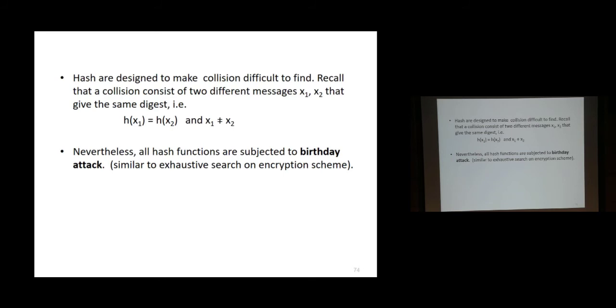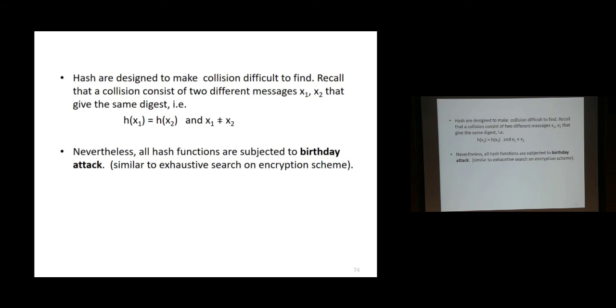One way is that you randomly pick two messages and check whether they collide. If not, you repeat it again and again and again. So you choose two things, hash them, and check whether they collide. If not, repeat the process.